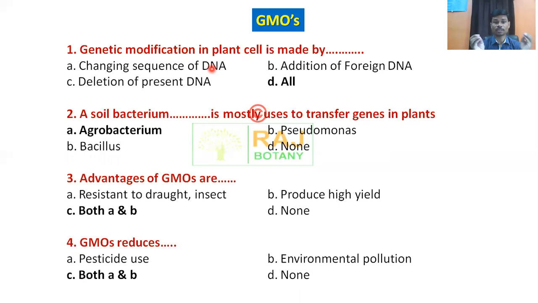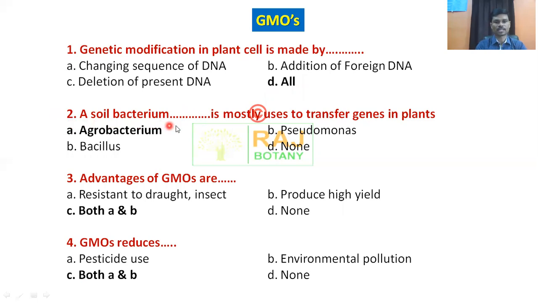Then C, deletion of present DNA means in plant B we are deleting some portion of the DNA for the accommodation of this foreign DNA. Okay, therefore all the options are correct. Therefore D, all.